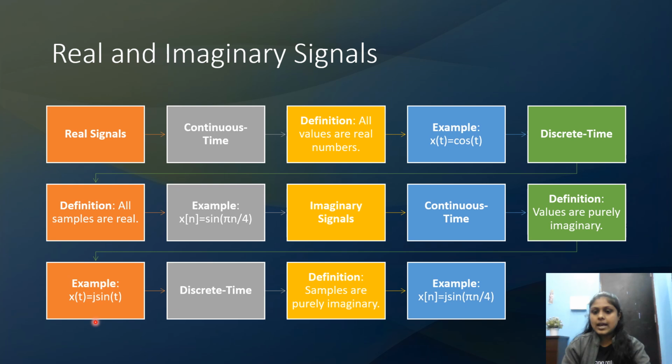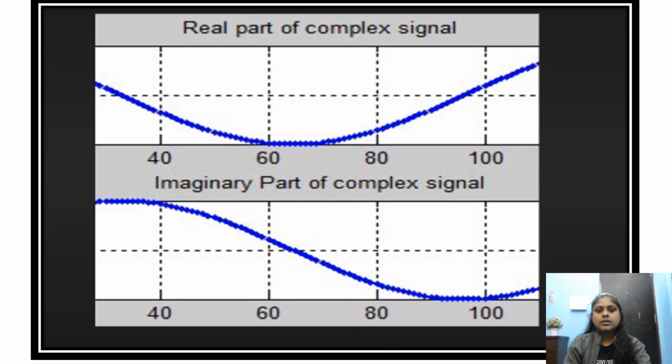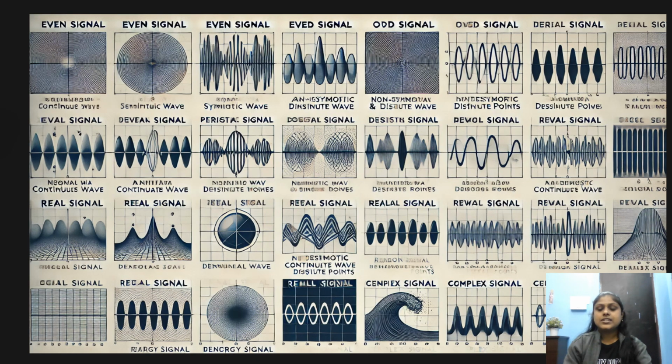We can take the example x of t is equal to j sin t, where j is imaginary. In discrete time, samples are purely imaginary, for example x of n is equal to j sin pi n by 4. This is a graphical representation of real and imaginary signals. This is the graphical representation of different signals.